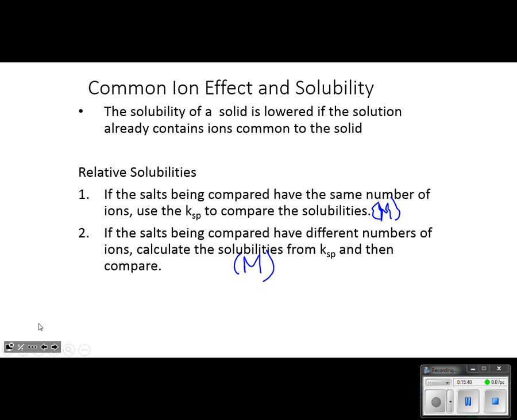So the first problem I would like to show you is to calculate the solubility of calcium fluoride in 0.25 molar sodium fluoride. So the first thing I hope you see on this problem is we've got fluoride here and we've got fluoride there. So fluoride is a common ion.